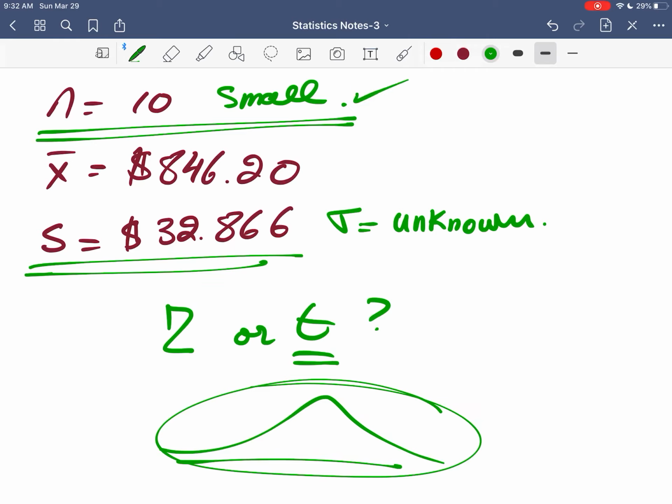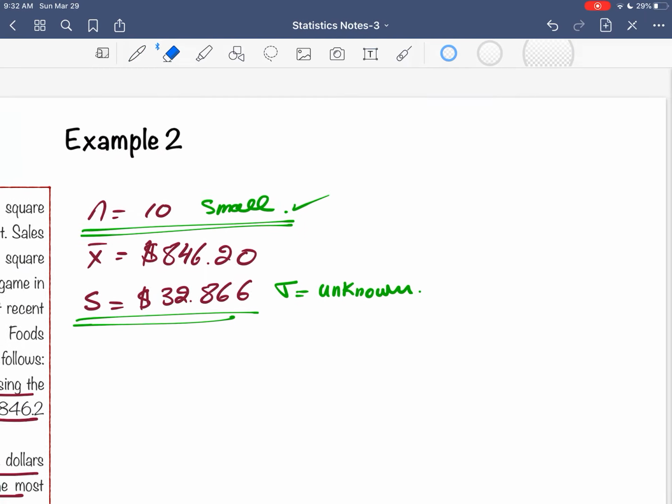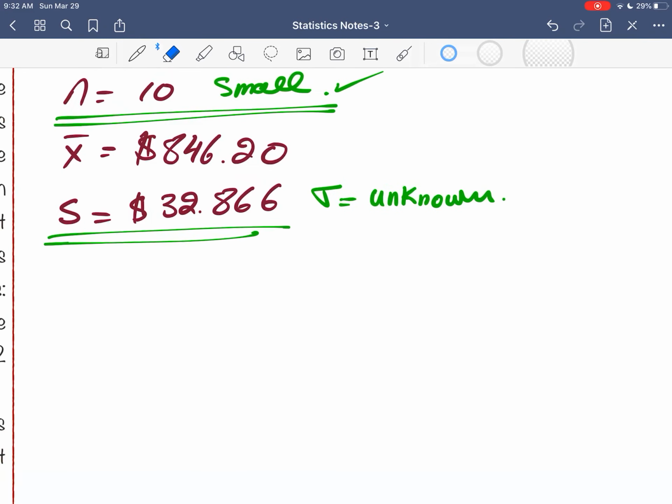This is such a small sample that we can't just approximate or make the assumption. So we have to be told. In this case, you're told that the distribution is normal, and therefore you use T in your problem. So just to get that out of the way.